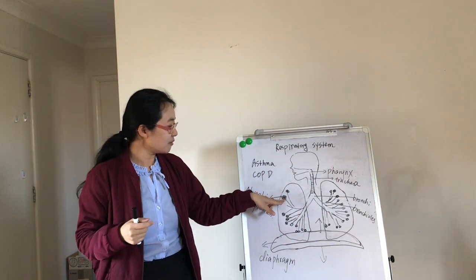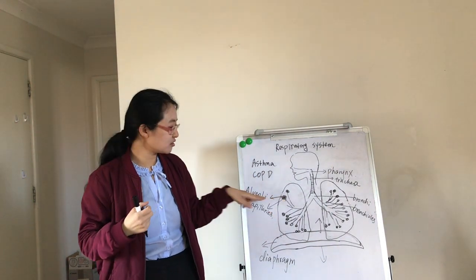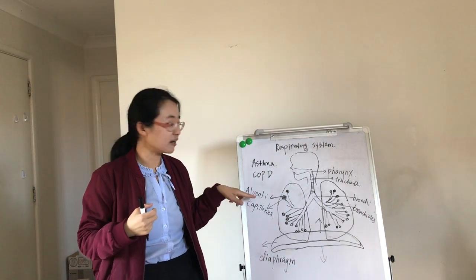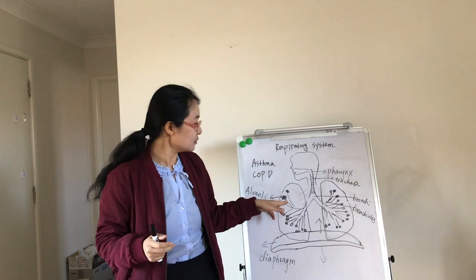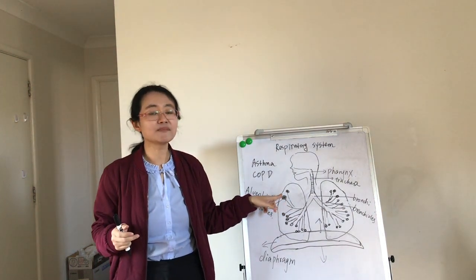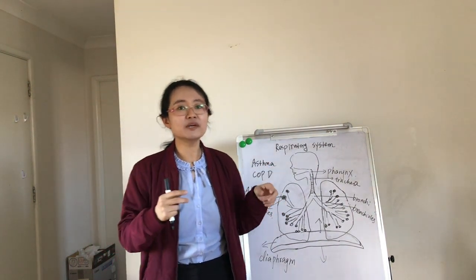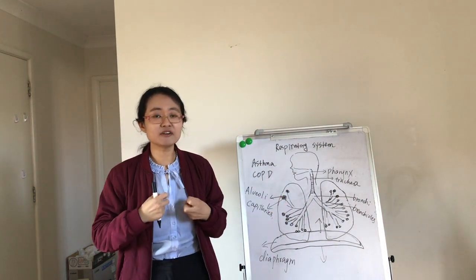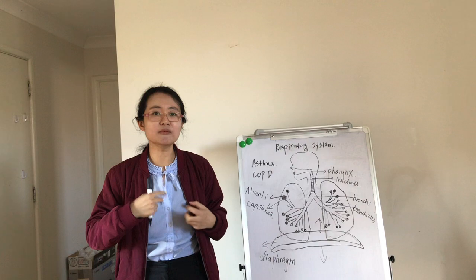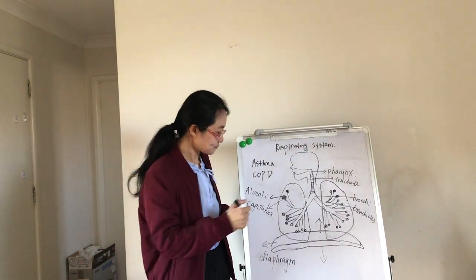Now, this is our air sac, the alveoli, and the alveoli help the gas to exchange. So when the air reaches the alveoli, the gas will be exchanged. Oxygen will be received by the alveoli, and carbon dioxide will be eliminated.